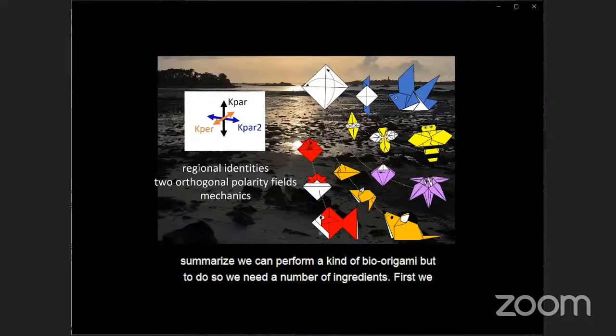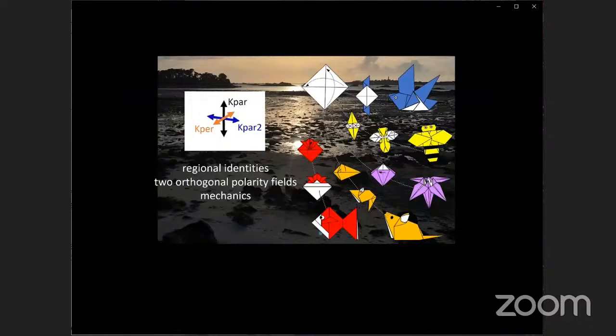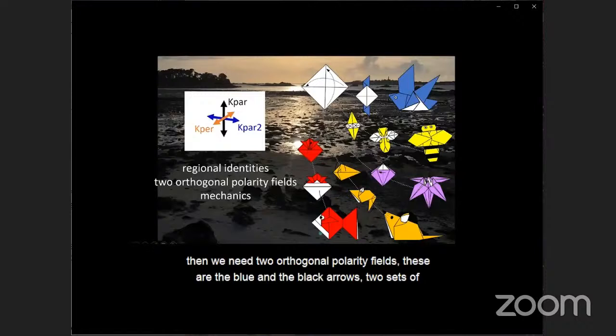So, to summarize, we can perform a kind of bio-origami, but to do so we need a number of ingredients. First, we need a set of regional identities, like that green midplane region, equatorial region. Then we need two orthogonal polarity fields.